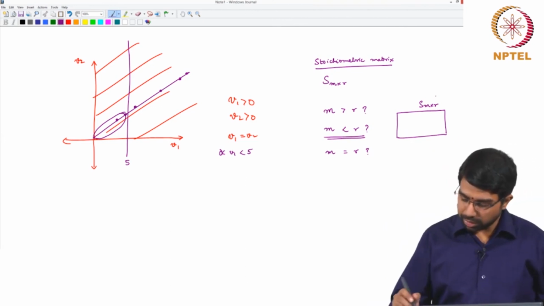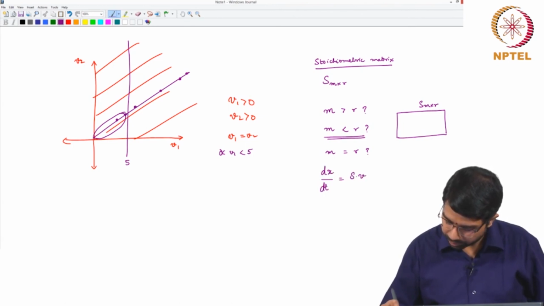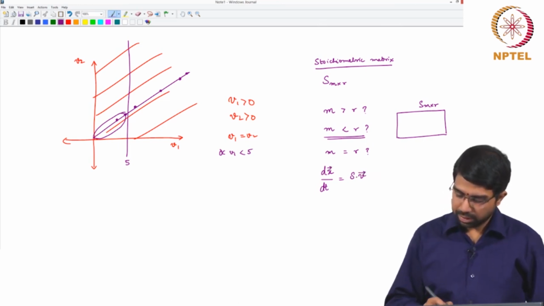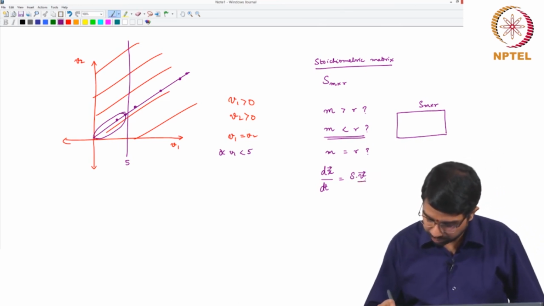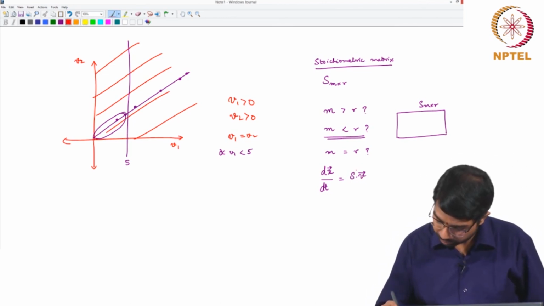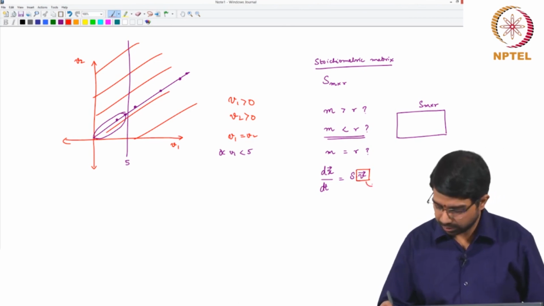So, for now you remember that you can set up the equations like dx/dt = S·V, right. So, what are the V's again? Fluxes.